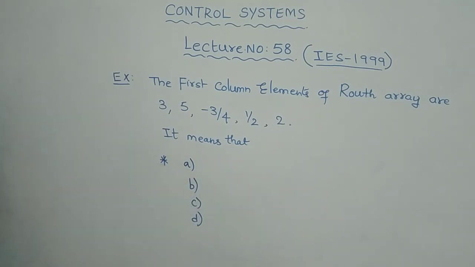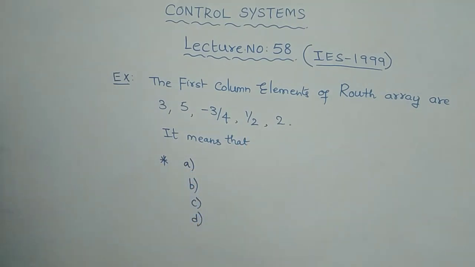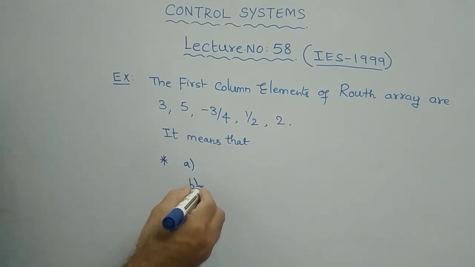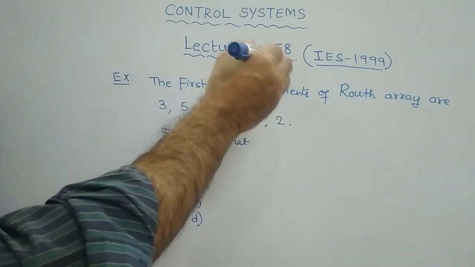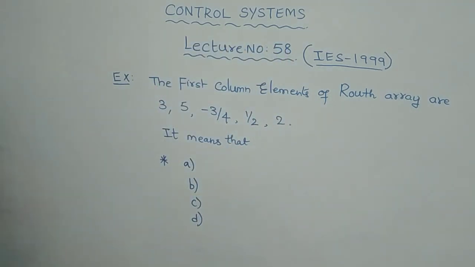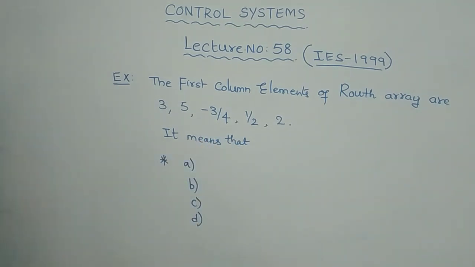Option B is two roots in the right half of the S plane. Option C is two roots in the right half of the S plane. Option D is two roots in the left half of the S plane. Please refer to lecture number 57, where I have already noted down the problem and you can see the options. Now in this presentation I will explain the answer.